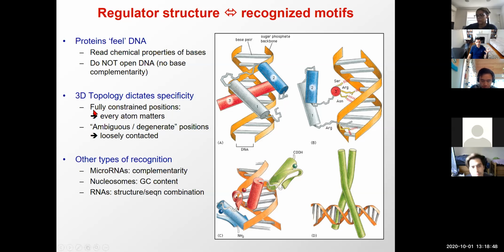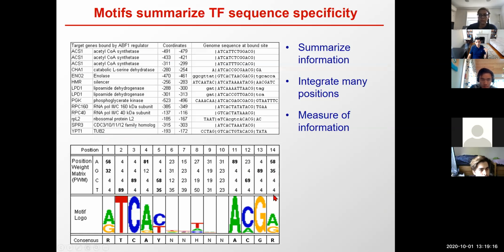There's no base complementarity, and instead, it's the 3D topology that dictates the specificity. There's fully constrained positions where every atom matters, and there's ambiguous or degenerate positions which are loosely contacted. And there's many other types of recognition, as I mentioned: microRNAs; nucleosomes, which are primarily driven by GC content; RNA structures, which combine both structure and sequence together for recognition, and so on and so forth.